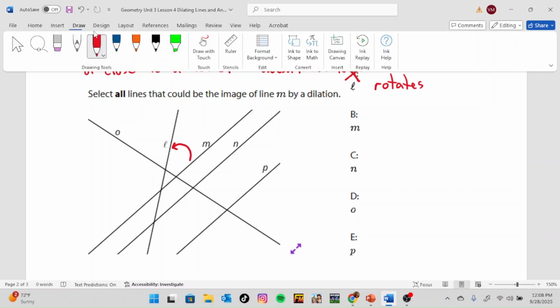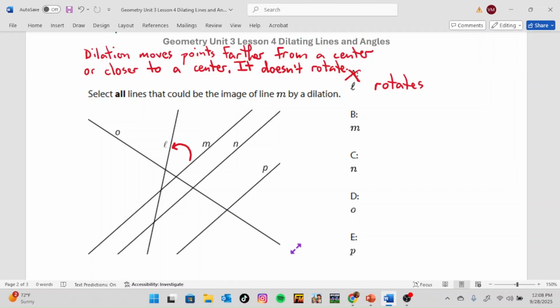Next, if we look at M, M is M. If I multiplied every point on M by 1, no matter where the center is, every point would stay the same. So B could be an image of itself by multiplying every point by 1.